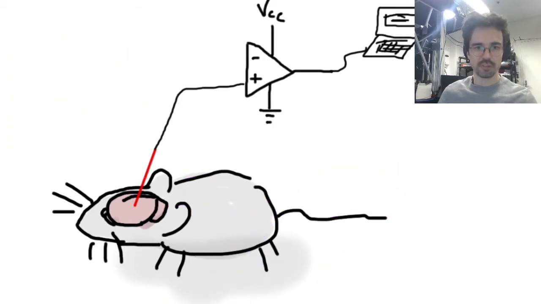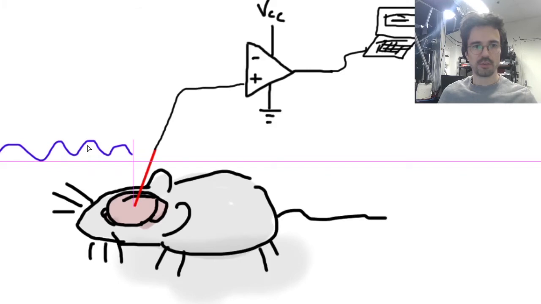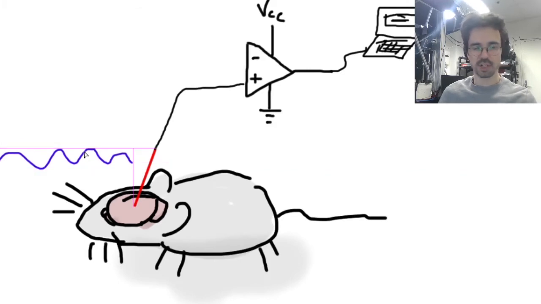And to get rid of that, what you want to do is have a reference electrode somewhere on the animal that only picks up that 60 hertz noise or motion artifacts, whatever other noise you might have. But then you have your tetrode that, in addition to that noise, also picks up your spikes of interest. And now we have a reference electrode, let's say a screw somewhere.